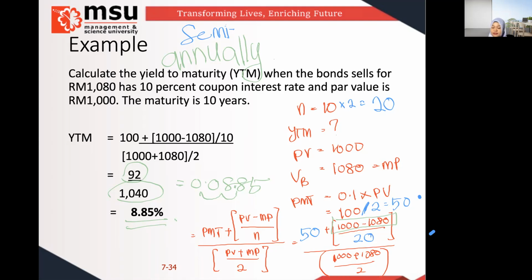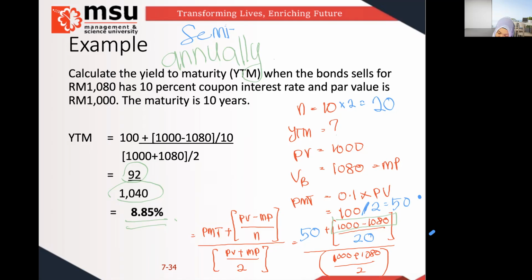So 1000 minus 1080 is equal to negative 80. So negative 80 divided by 20 is equal to negative 4. Okay, so 50 minus 4 is equal to, sorry, 46.